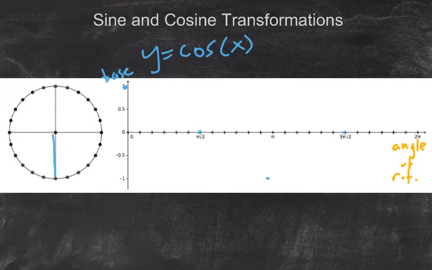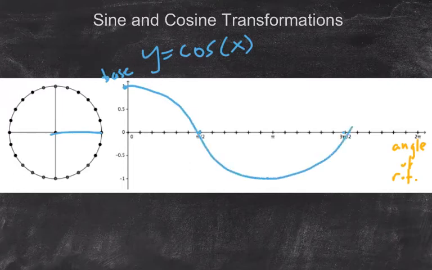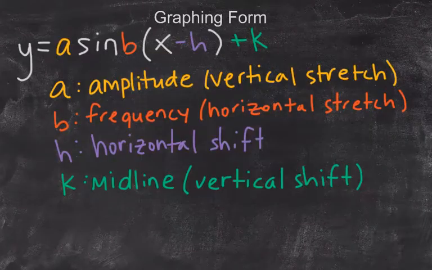And then at 2 pi, I'm back out to a base of +1. So I'm getting a graph that looks something like this. Okay? And so that's one full cycle of the cosine function. We're going to talk more about that on a different slide, but that's how we created it.